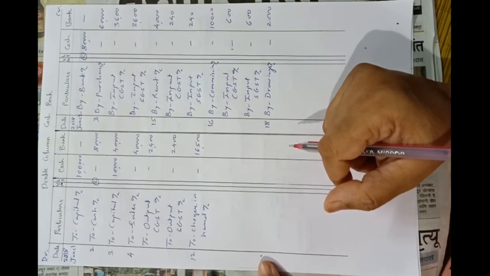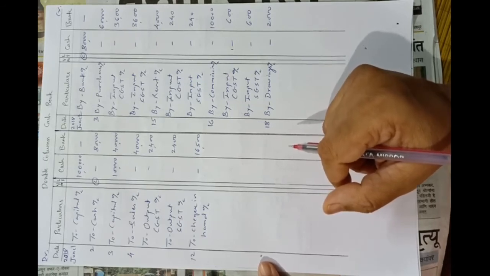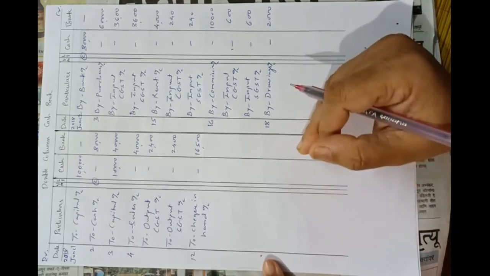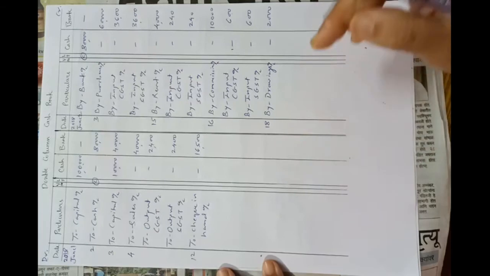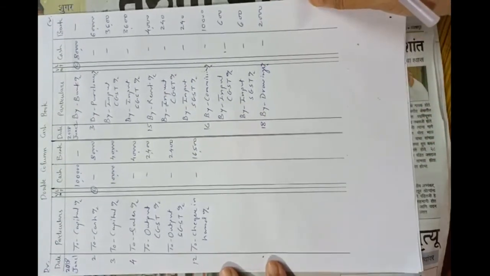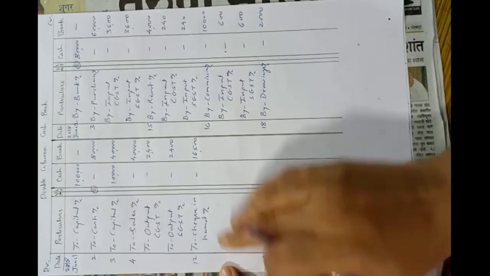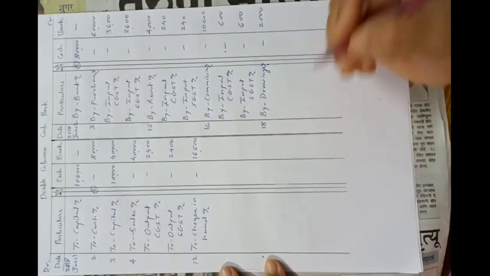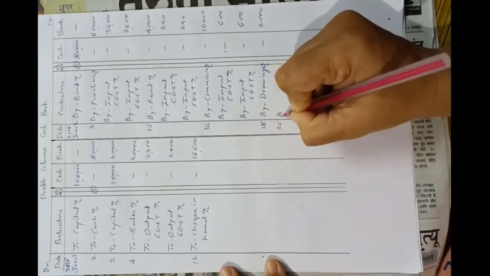Now on 25th withdrew from bank for office use rupees 10,000. This is the contra entry because the owner is withdrawing rupees 10,000 from bank, and it is for office use, so the cash will come in cash box. Okay, so this is a contra entry on 25th.